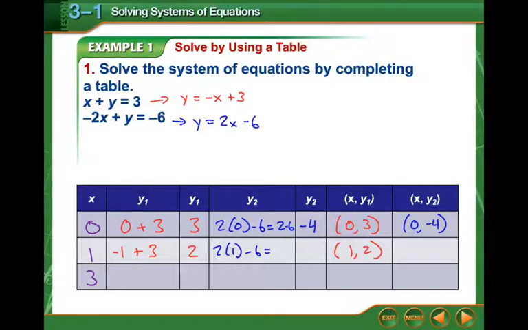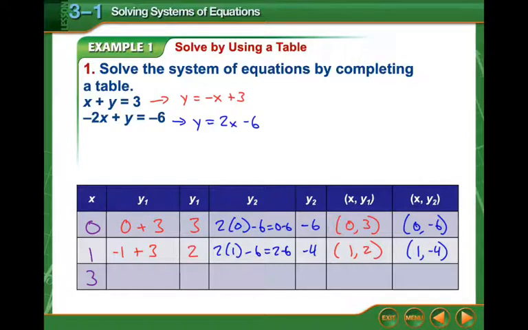Oops. It's not 0, negative 4, because 0 times 2 is 0, so 0 minus 6 is negative 6. My bad on that. 0, negative 6. Still not the right answer. This one's 2 minus 6, or negative 4. So at 1, negative 4.